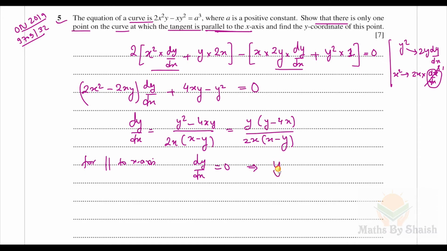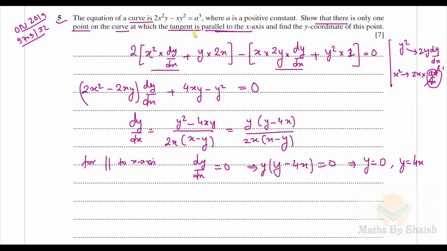It means y times (y − 4x) is equal to 0. So from here we got y equal to 0 or y equal to 4x. We will not take y equal to 0, only y equal to 4x is possible, because when we put y equal to 0 in the equation of the curve, the left hand side is 0 and the right hand side is a³, a positive constant, so of course it is not possible.